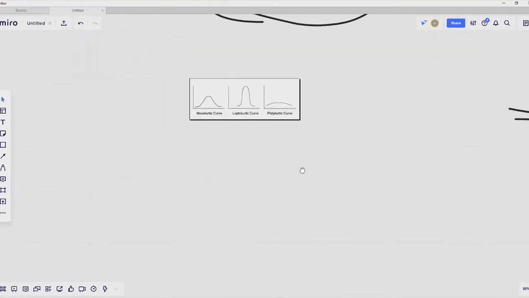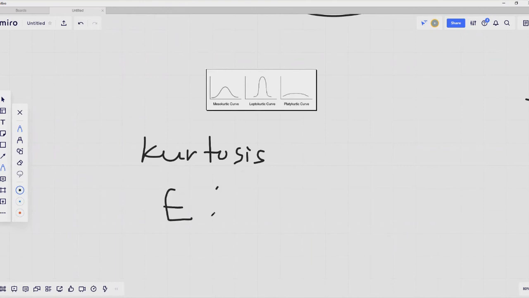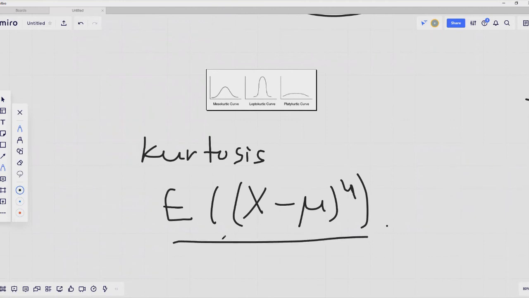Now, our next higher moment about origin is known as kurtosis. It is given as the fourth moment of a random variable about its mean. In practice, kurtosis is equal to the expected value of (x minus mu) to the power of 4 divided by sigma to the power of 4, minus 3.